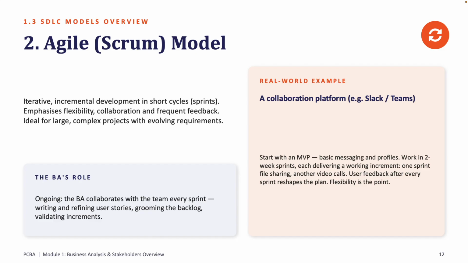You'll notice that one sprint is file sharing, another video calls. User feedback after every sprint reshapes the plan. So flexibility is the point here. You're focusing on flexibility, collaboration, and what we call frequent feedback, which helps to reshape the entire system of the product and everything.